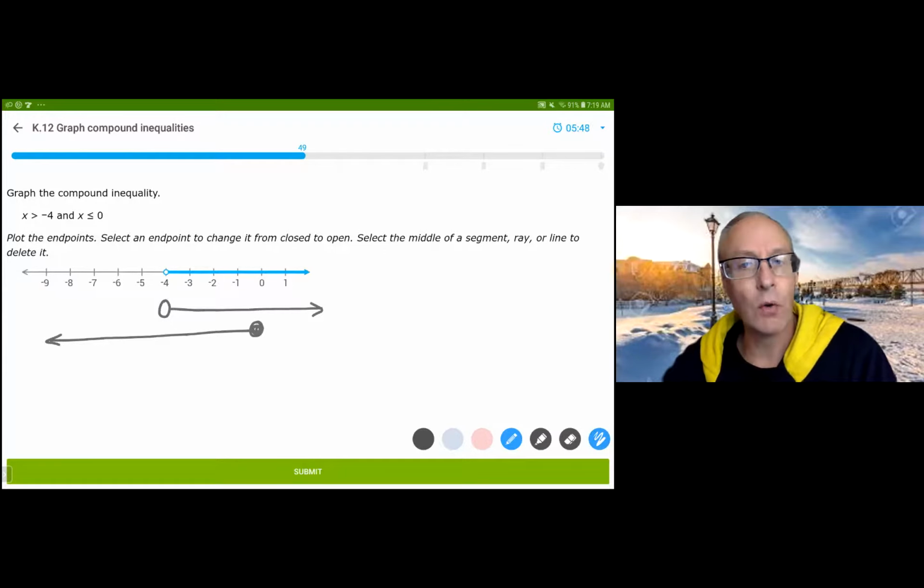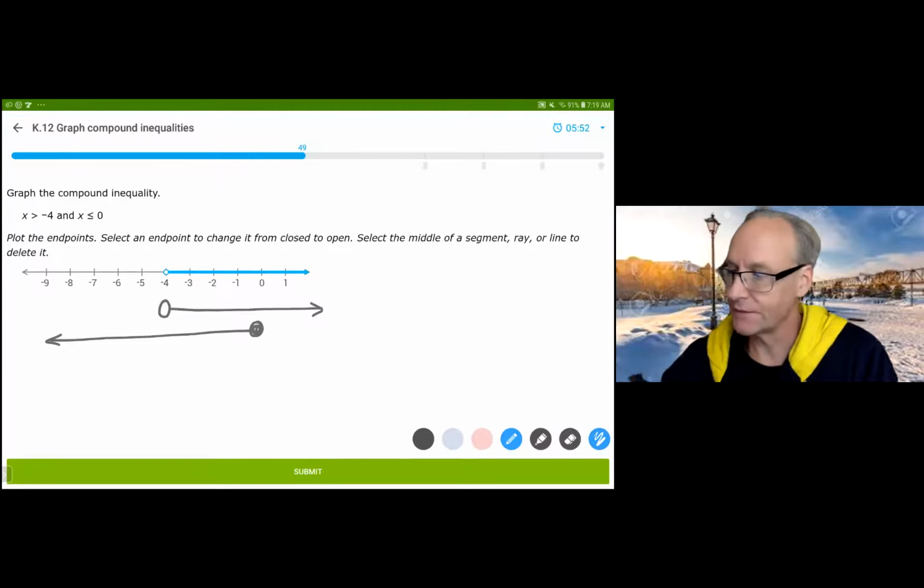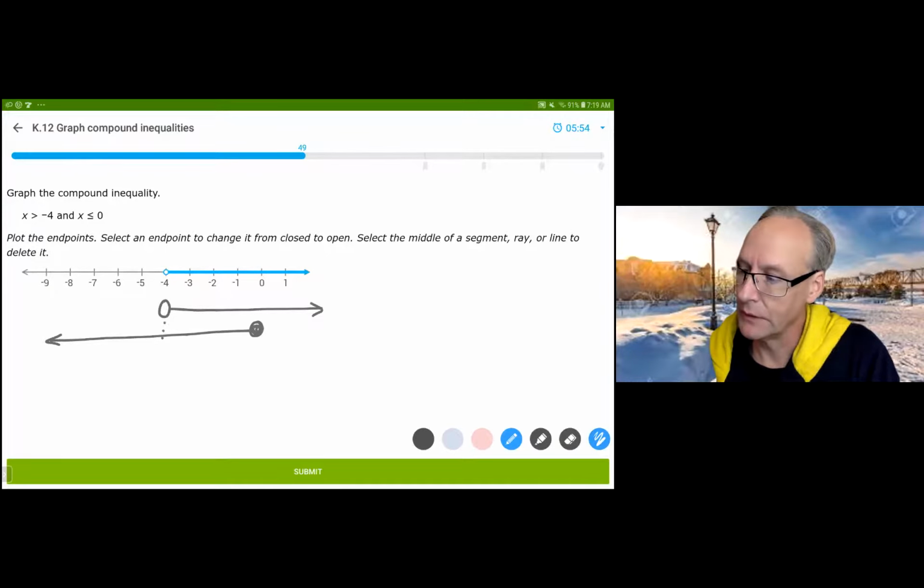Now, if I said or, then everything would be included. But I said and, so they both have to be true. That gives me my -4, and my 0 needs to be included.